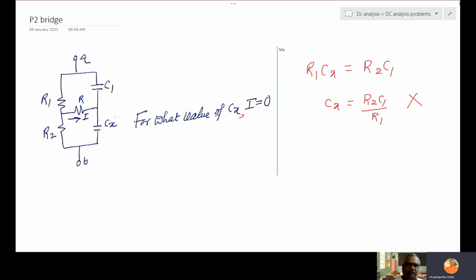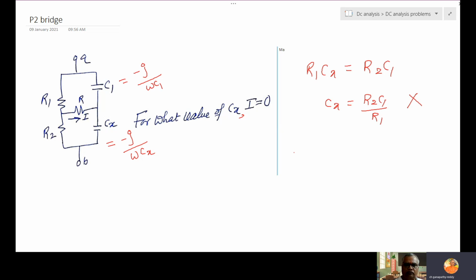Why it is a mistake is this resistance is in ohms, but capacitor values are given in farads. Ohms and farads you should not multiply. So these farads also convert into ohms. That is minus J by omega Cx. This is also minus J by omega C1.